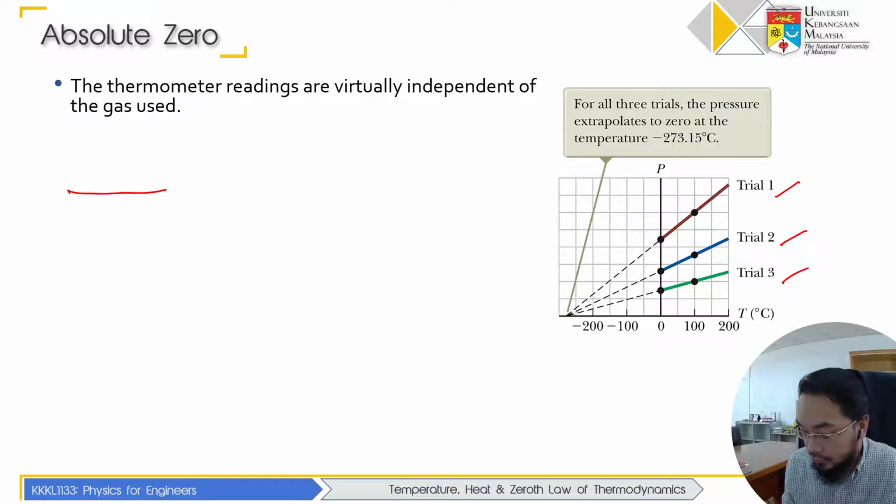So we have gas 1, 2, and 3. If you plot the pressure at temperature 0 and temperature 100 for each one of the gases, you will get 3 different graphs, 3 different lines.